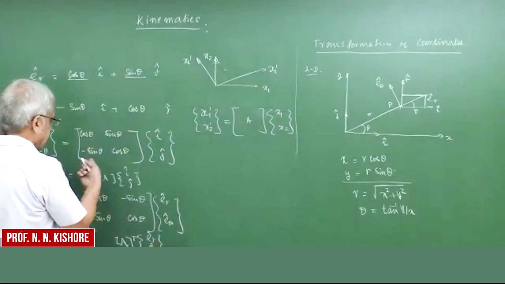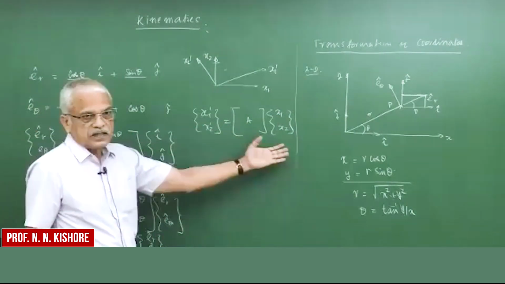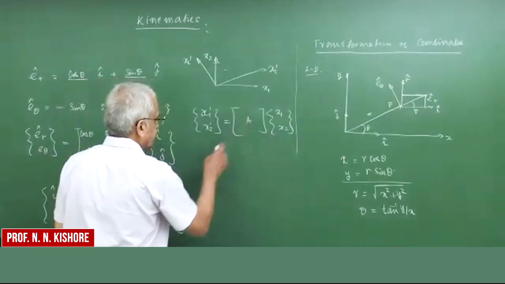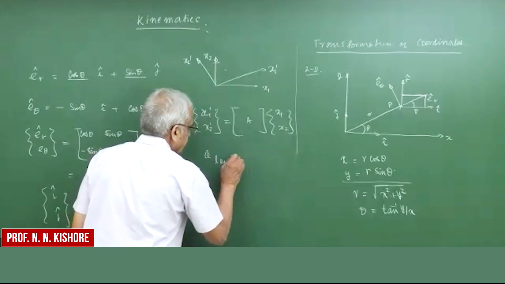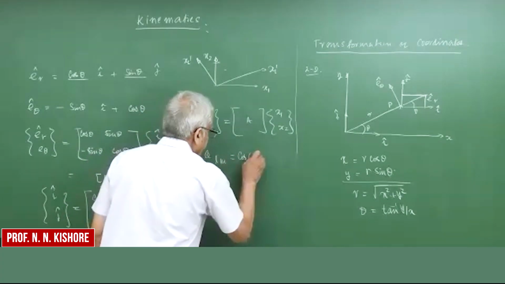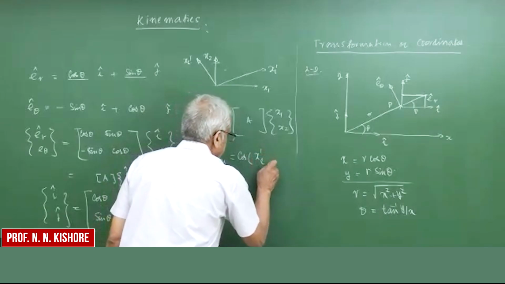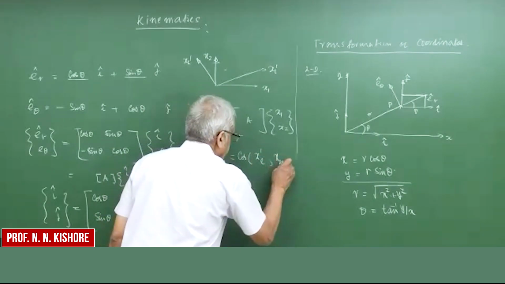So here we call it i, j, e_r, e_theta, or in general it can also be written as x1, x2. So what A means, A_LM is nothing but cosine of the angle between x_L prime and x_M.